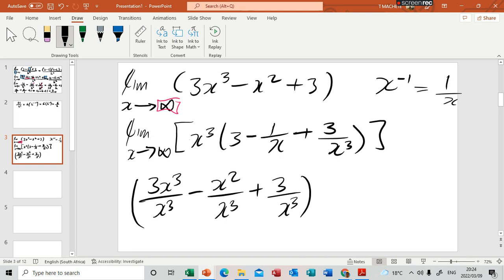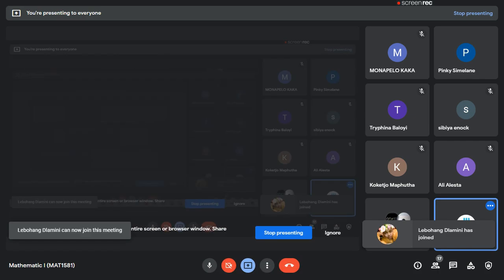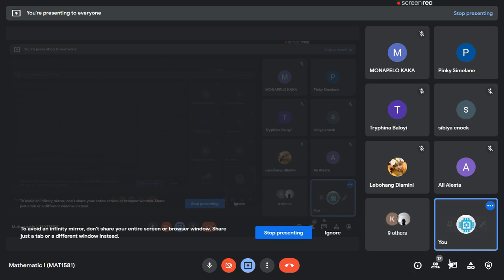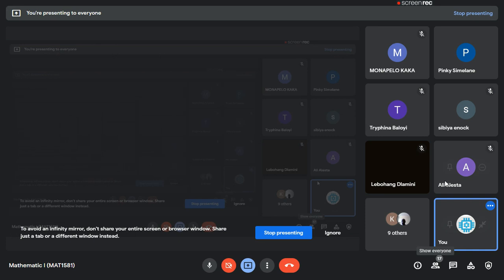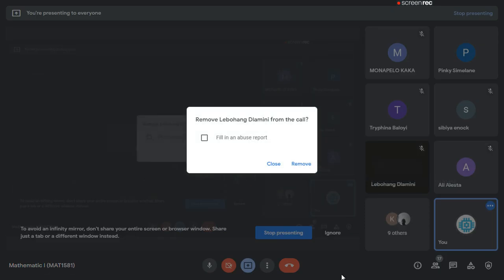You divide everything by x cubed. That's what you should do.